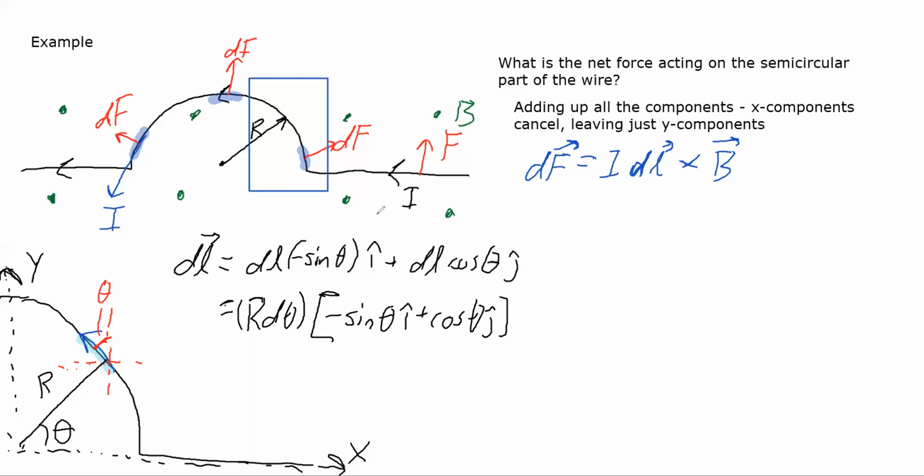So let me take my DL and plug it into my equation up here. So I R d theta, and then you have your negative sine theta i hat plus cosine theta j hat.